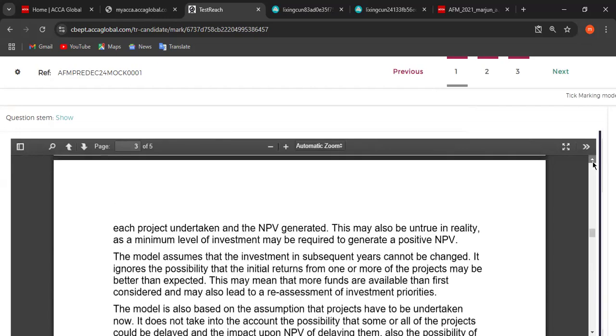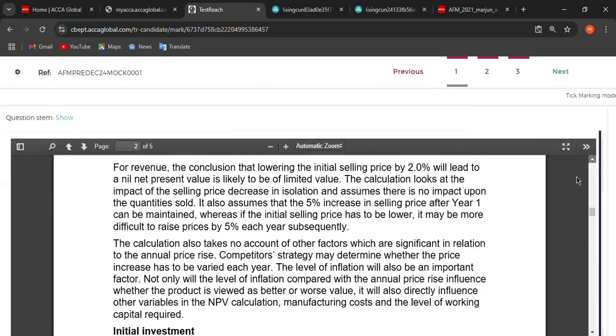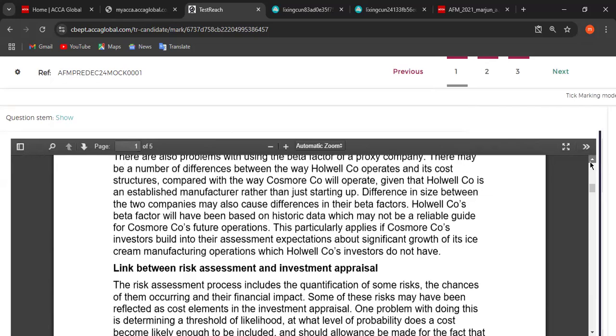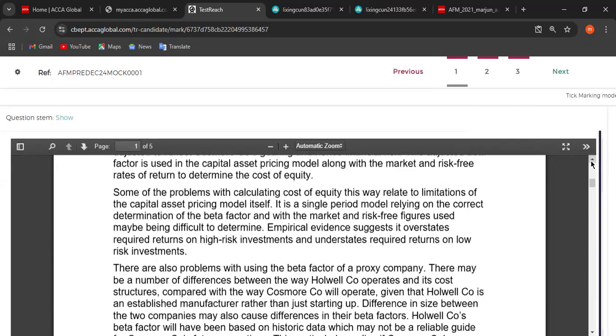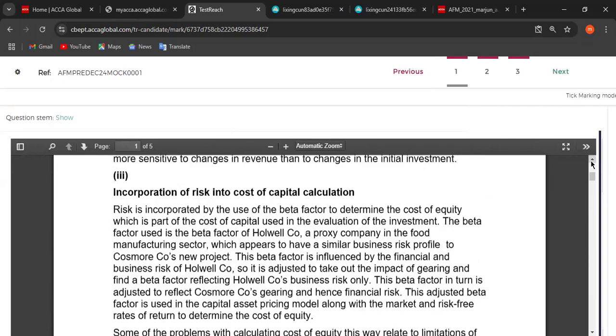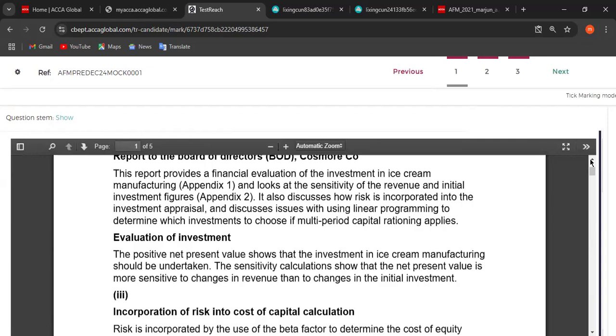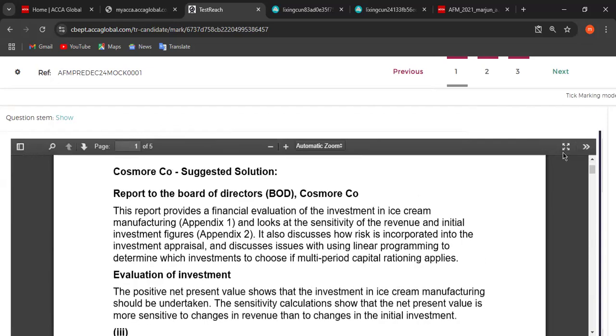The theory of this was very important. First of all, as this is a 50 marks question, in a 50 marks question you always have to follow the report format. So you will tell the examiner: report to the board of directors of Cosmore company, and then there should be an introductory paragraph.